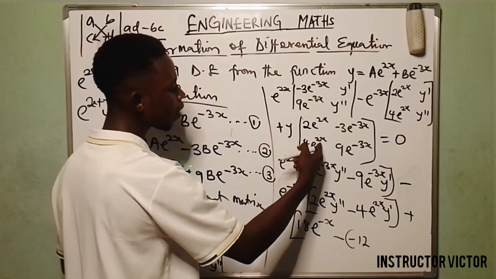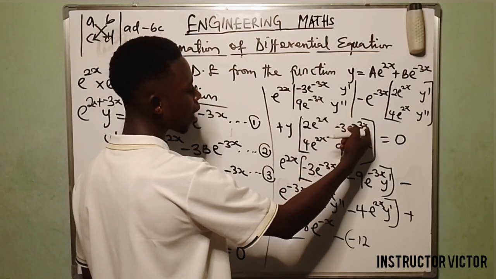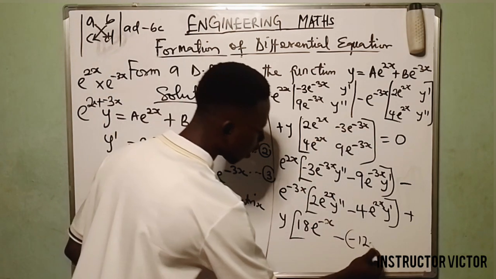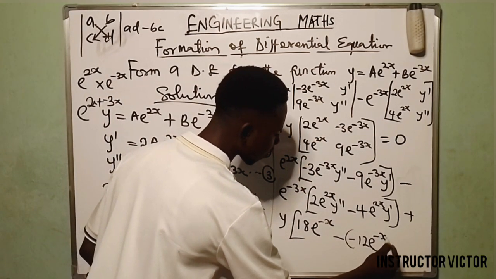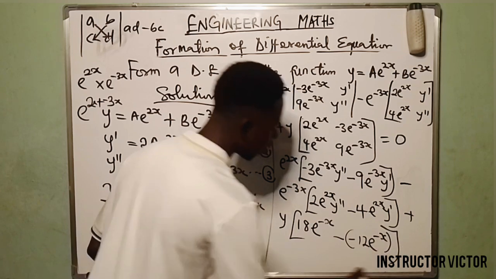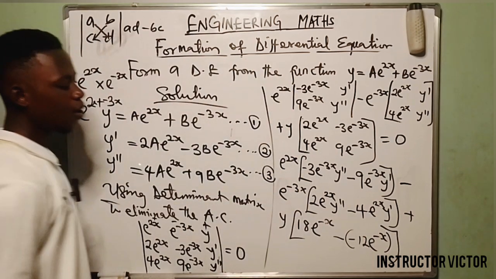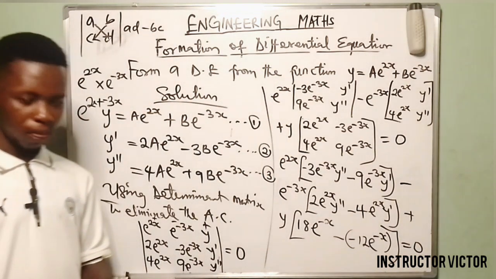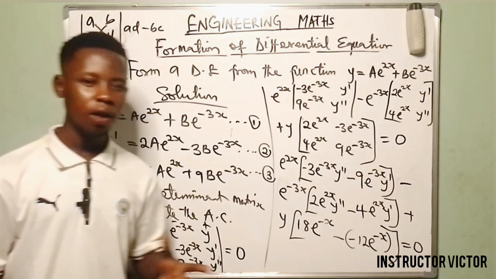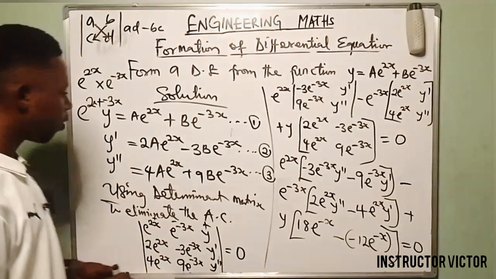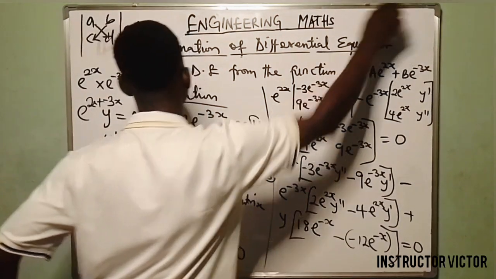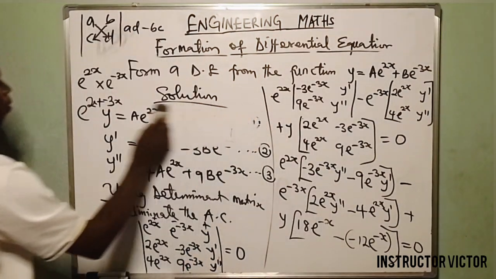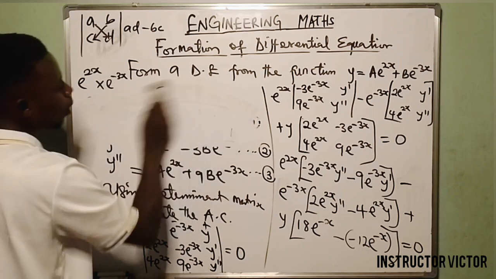And then exponential 2x multiplied by exponential minus 3x will give us exponential minus x, as I said on this part. All is equal to 0. Now what do we do next? Let us clean this part so that we can go further.